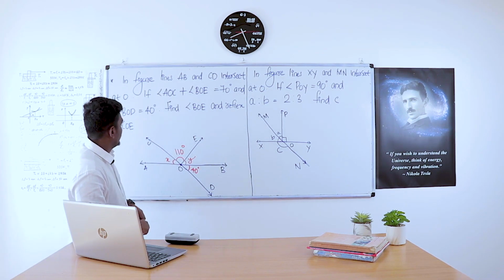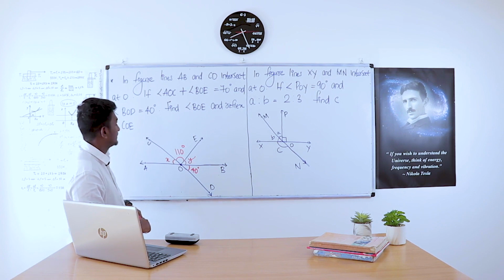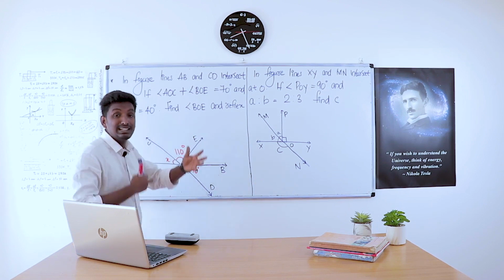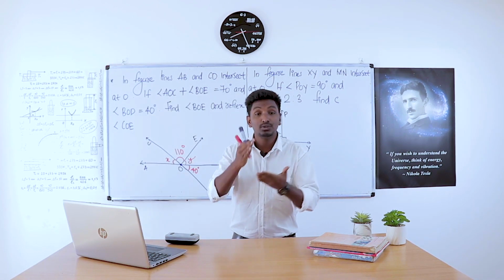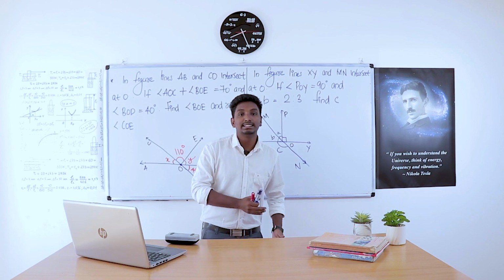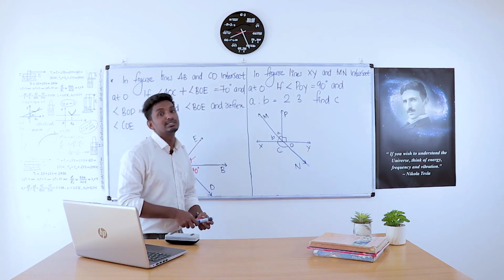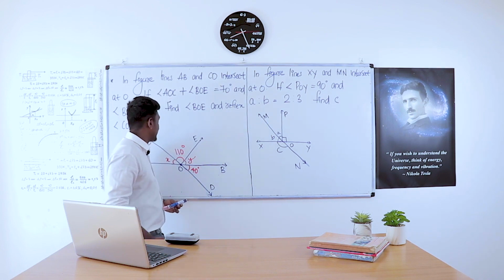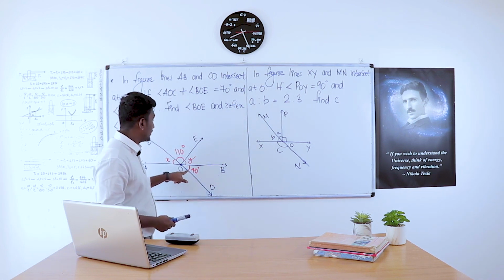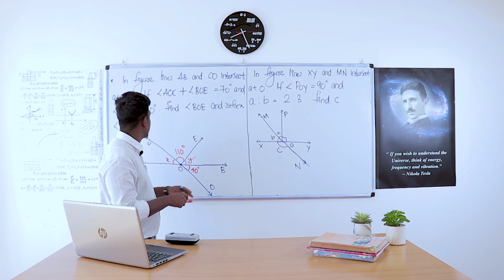We know that vertically opposite angles are equal. By theorem 1, we stated that if two line segments intersect each other, then the vertically opposite angles so formed are equal. Here, angle X and this angle BOD are vertically opposite angles.